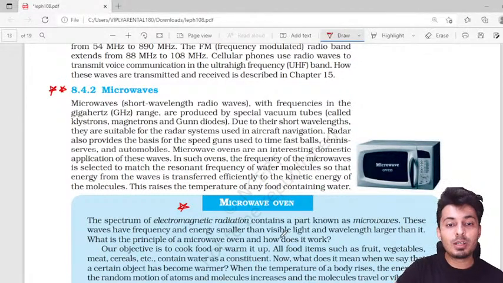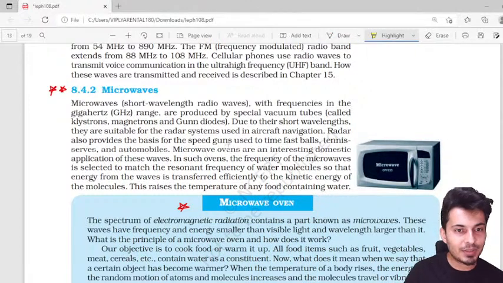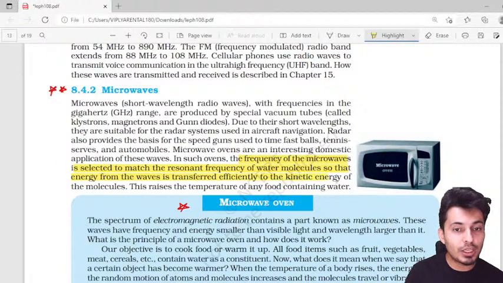Basically, there are microwaves which are created, and the frequency of these waves matches. It's clearly mentioned: in such ovens, the frequency of the microwaves is selected to match the resonant frequency of the water molecules.